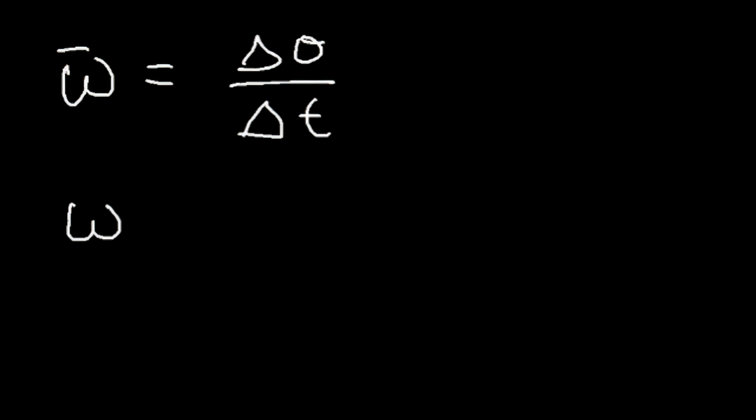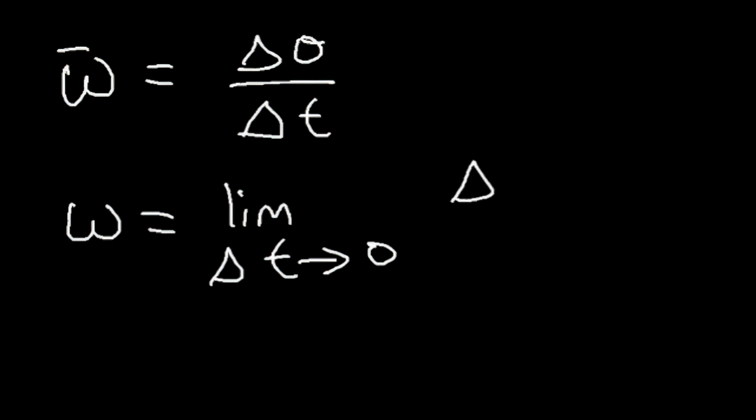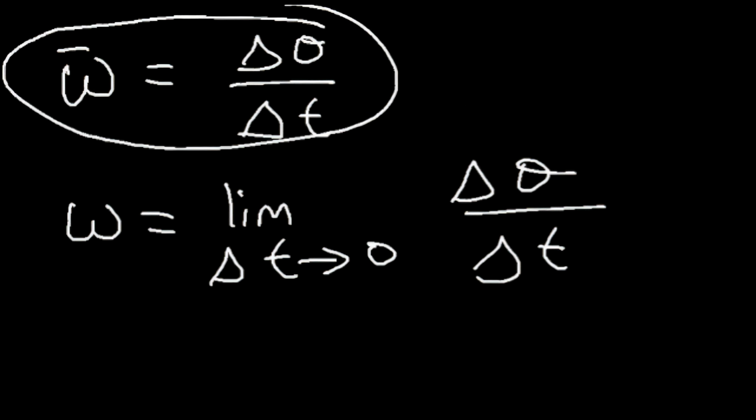Now this equation gives you the average angular velocity. If you want to find the instantaneous angular velocity, it's the limit as delta t approaches 0. So as delta t becomes very, very small, then this quantity approaches the instantaneous angular velocity, whereas this equation is the average angular velocity.